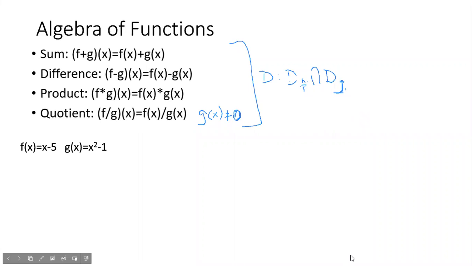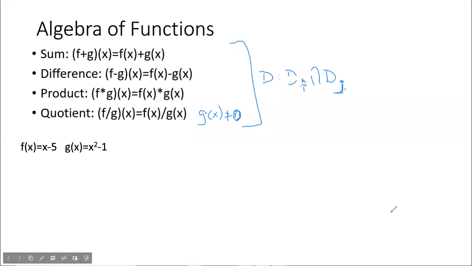So let's take a look at an example here. We have f of x is equal to x minus 5 and g of x is equal to x squared plus 1. So if we're going to do the sum function, we want to find f plus g of x. This is equal to f of x plus g of x.